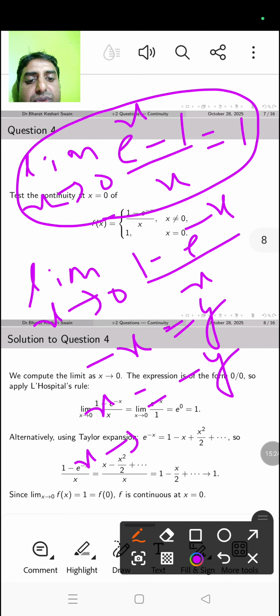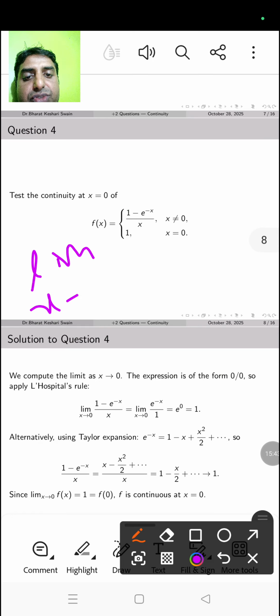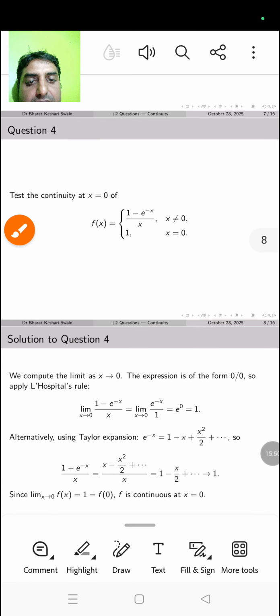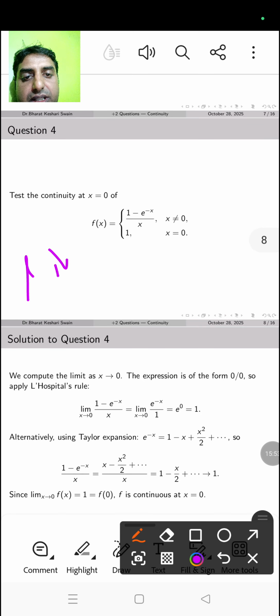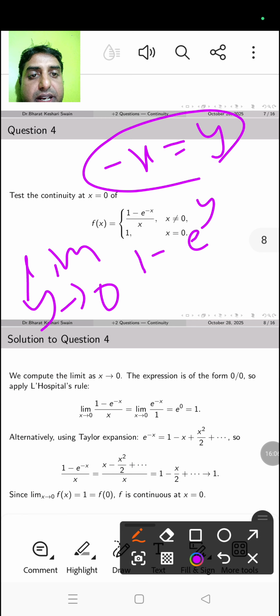So as x tends to 0, your y also tends to 0, is it not? So your limit will reduce to limit y tends to 0, 1 minus e to the power y, because we have taken minus x as y, divided by minus y.